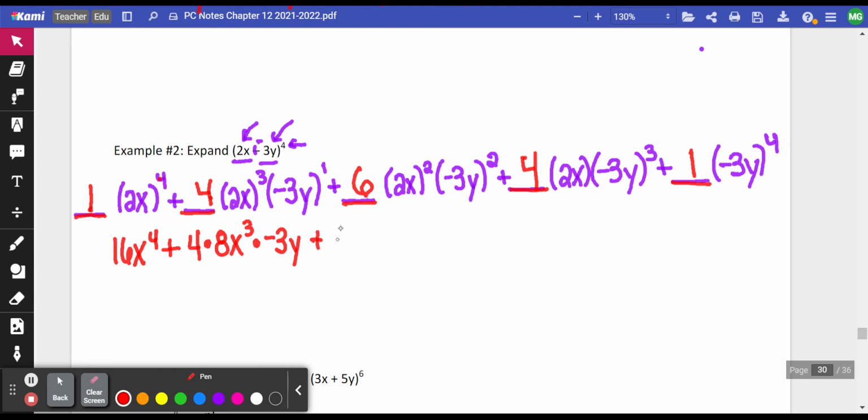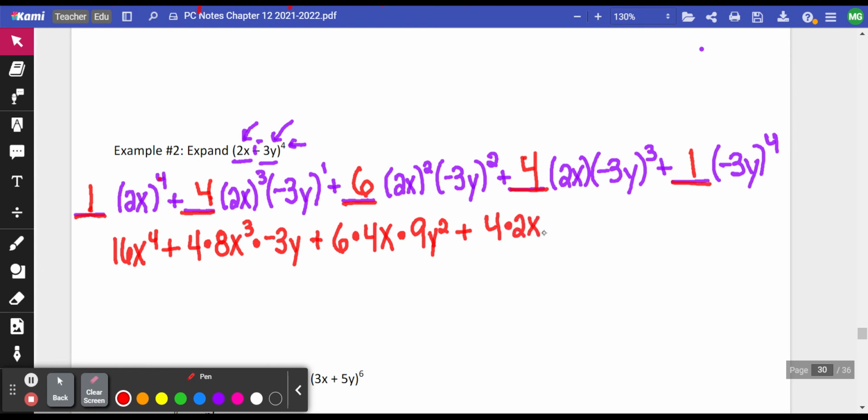Keep it going. Bring down the 6. 2x squared is 4x squared. Negative 3y squared is positive 9y squared. Keep it going. Bring down that 4. No math to do there.